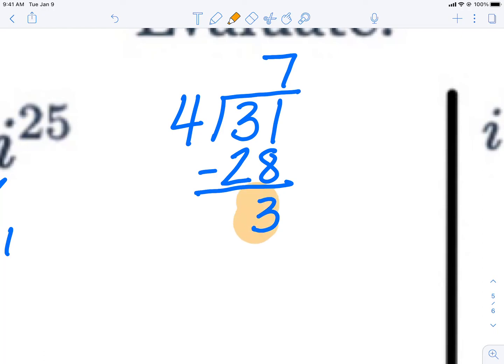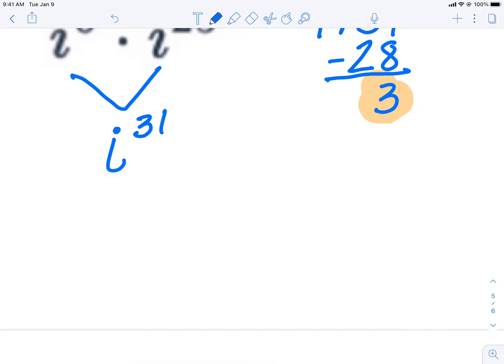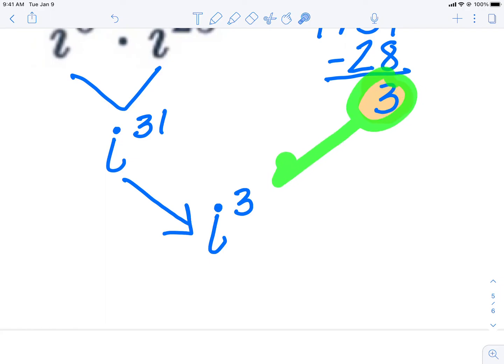This is my key right here. The remainder. The remainder is my key. The 3. So now look what I'm going to do. This I to the 31 is going to become I to the 3. This is where I got the 3 from. This 3 is that 3.